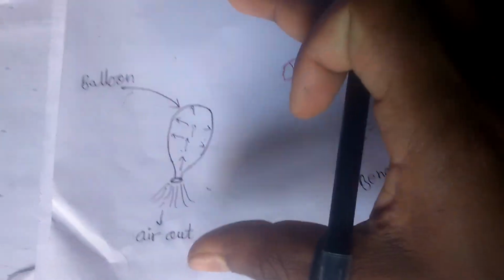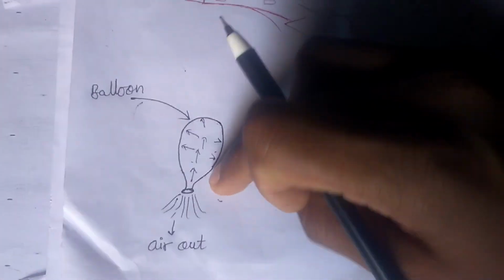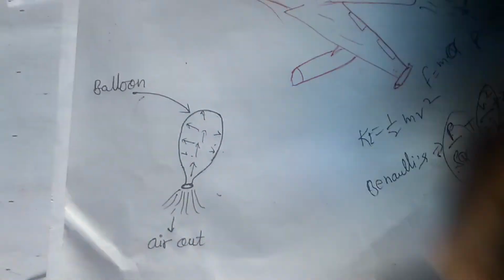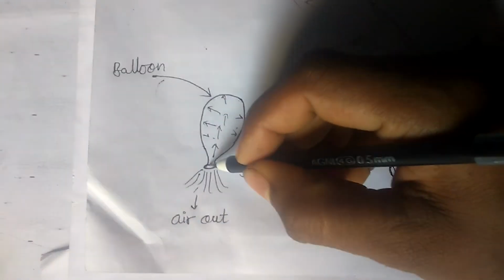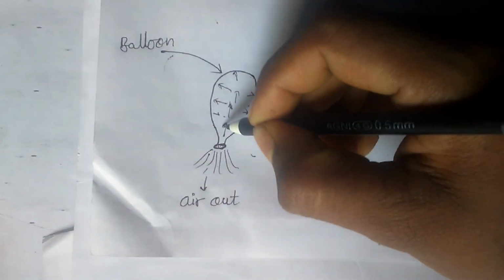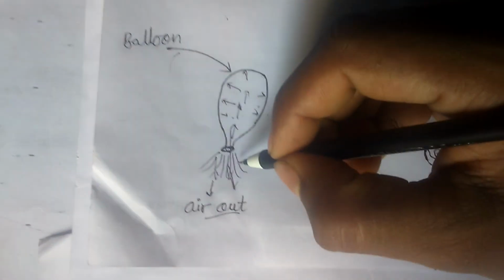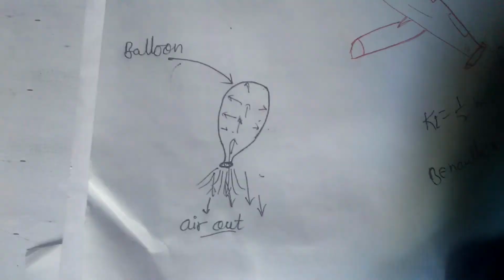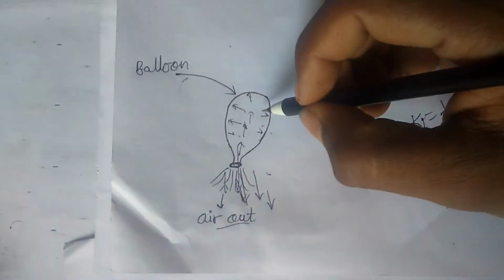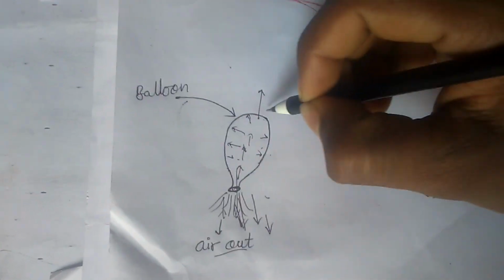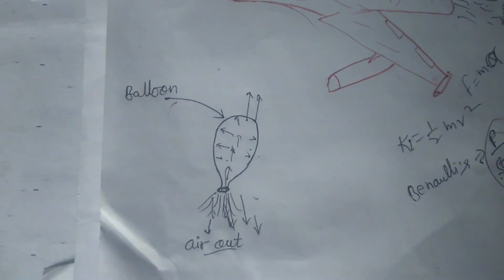If we release this balloon, the air comes out in this direction, which leads the balloon to move forward in the opposite direction.